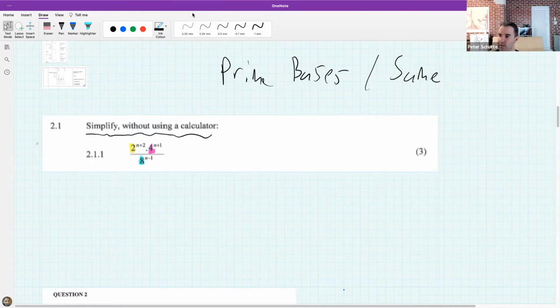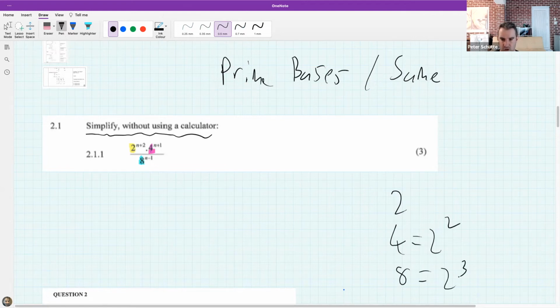So yeah, they're all powers of 2. Love it, Dawn. So 2 is just 2 to the 1, but then 4 is 2 to the 2, and 8 is 2 to the 3.